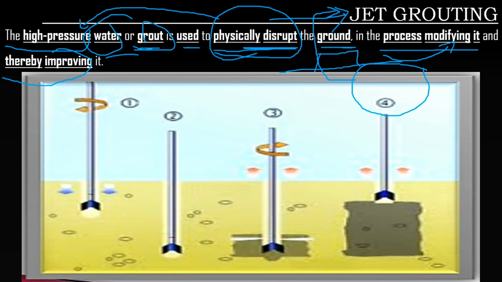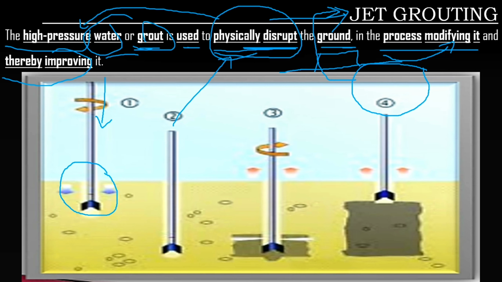For example, the first step is the installation of the pipe in a rotational way. Why rotational? Because when I install the pipe in a rotational way, it makes a hole in the ground, and because of that the nearer soil will be disturbed, and this is my main intention, to disturb the ground.